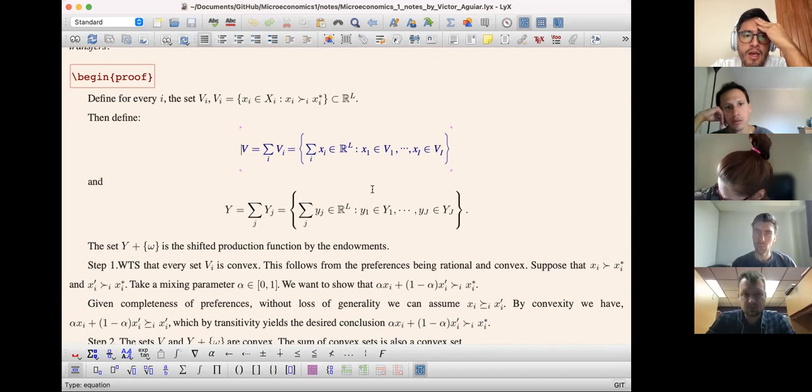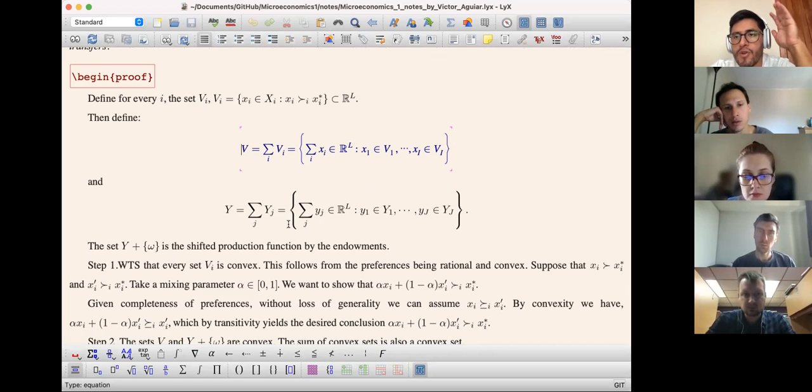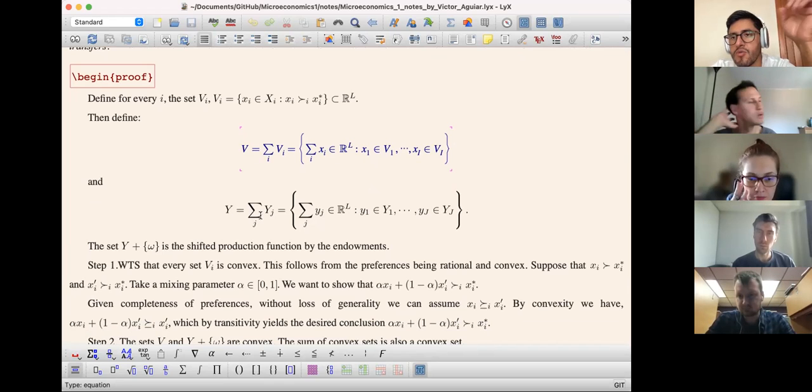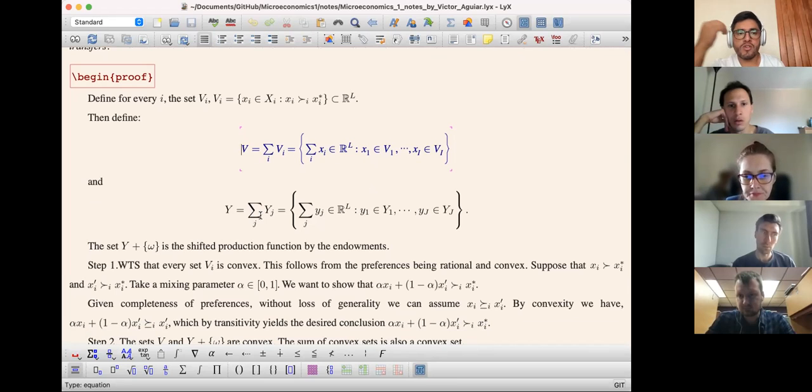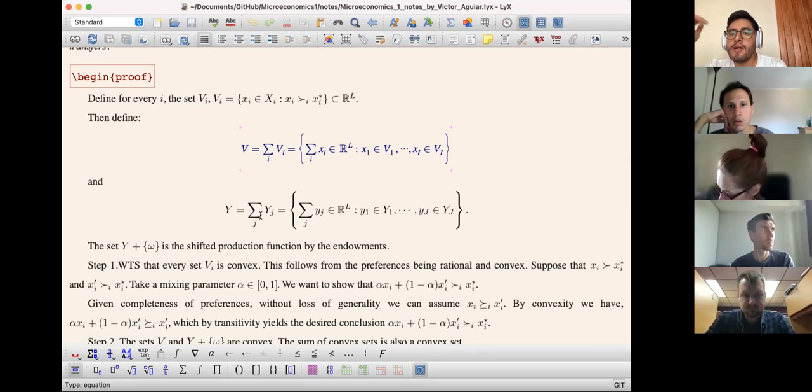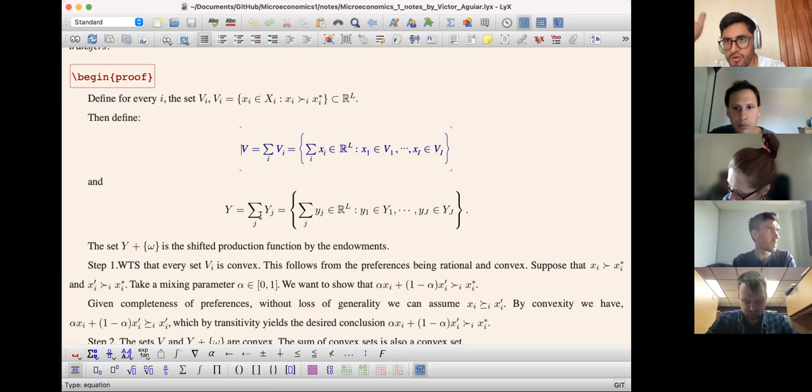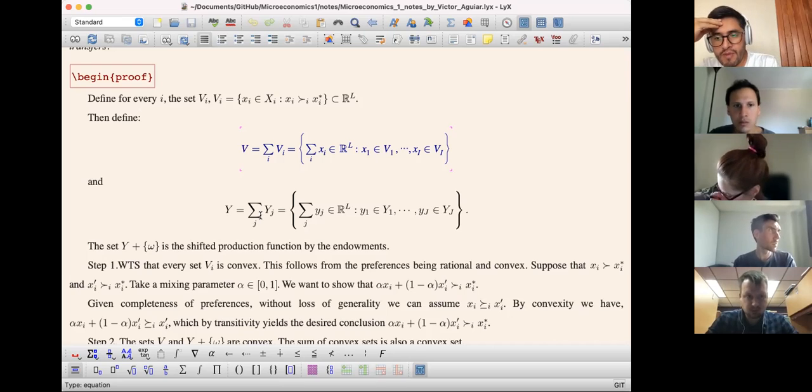Now, capital Y, the same idea. I take all production sets, and any element in capital Y has to be supported as the summation of elements in each Y sub j, okay? The interpretation of the second one is easier because this is the aggregate production set. So this can be supported as the production of each individual firm. So it's a feasible plan in the economy, in the aggregate.